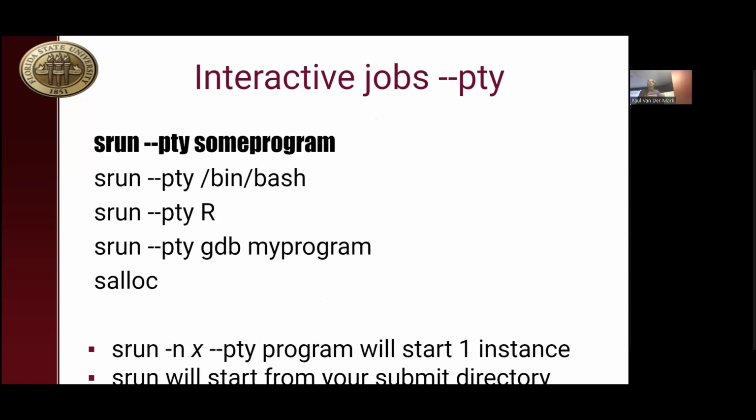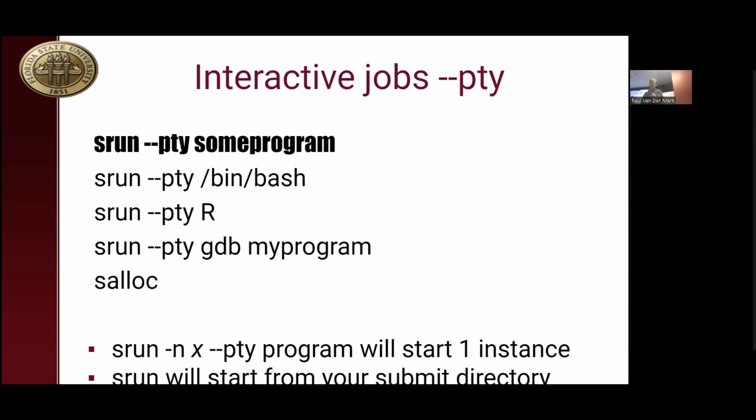PTY is an old Unix term, I think for pseudo terminal, and it basically means that srun should expect inputs from you. So for example, if you want to run R on a compute node, or use the debugger GDB on a compute node, you can use srun --pty gdb my_program, and it will start an interactive debugging session on a compute node.